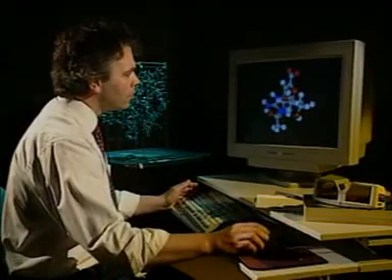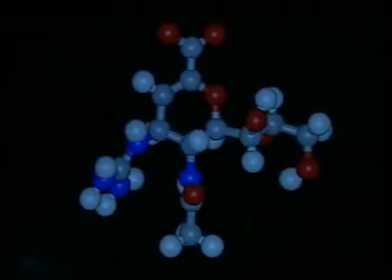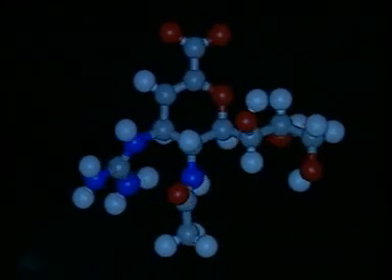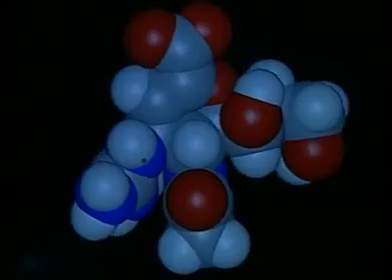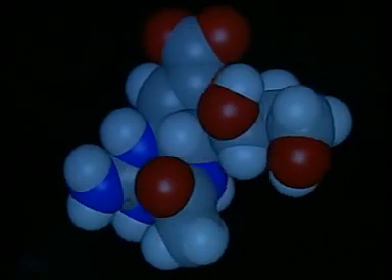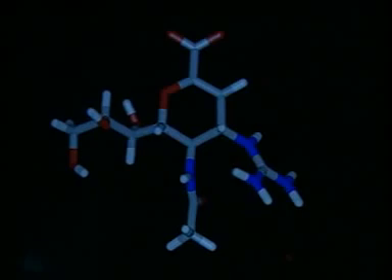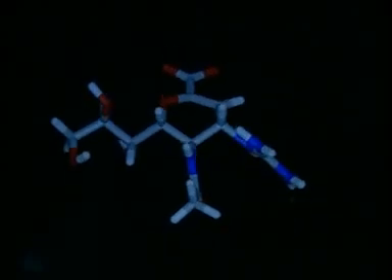Computer software allows a structure to be viewed from any angle. It can be shown in different ways: ball and stick, space filling, and skeletal. Different elements are represented by colours: grey for carbon, red for oxygen, dark blue for nitrogen, and so on.